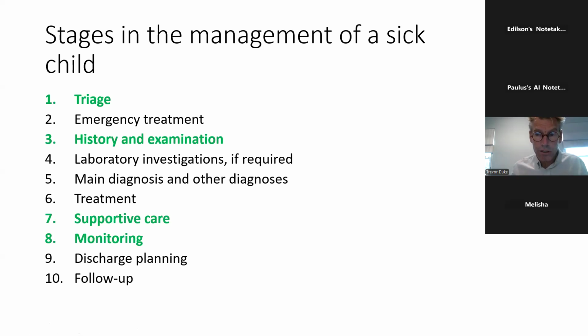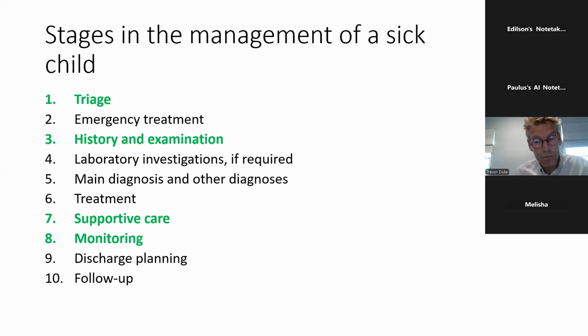If we go back to the basics about pediatric care, there are a number of stages in the management of any very sick child, including triage, emergency treatment, taking a history and doing an examination, doing laboratory investigations if needed, coming up with a diagnosis and other diagnoses, giving treatment, providing supportive care and monitoring, and discharge planning and follow-up.